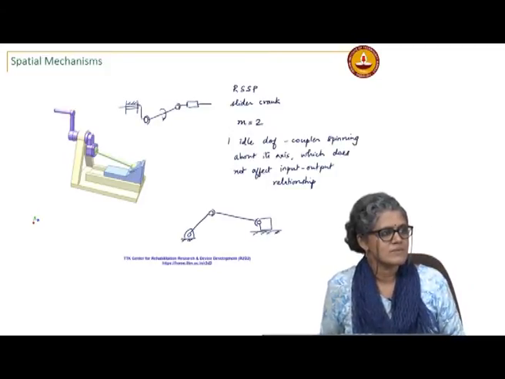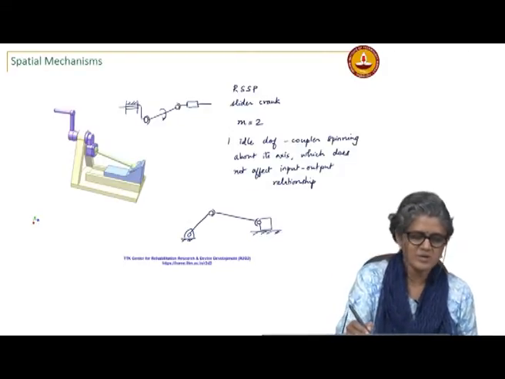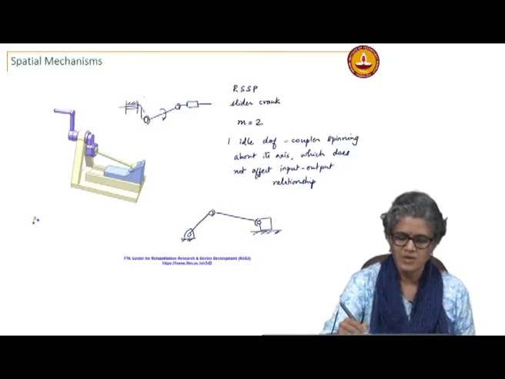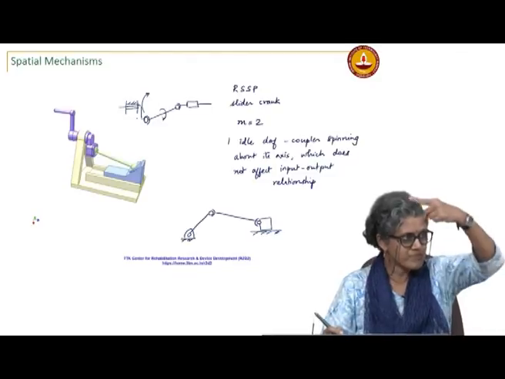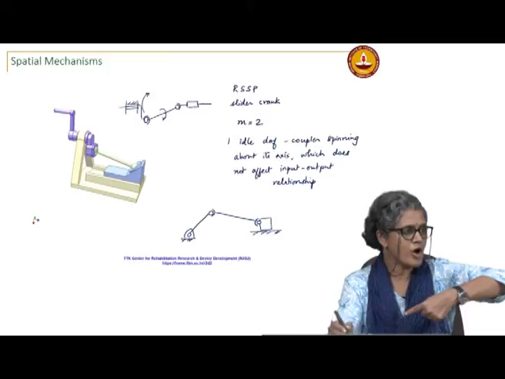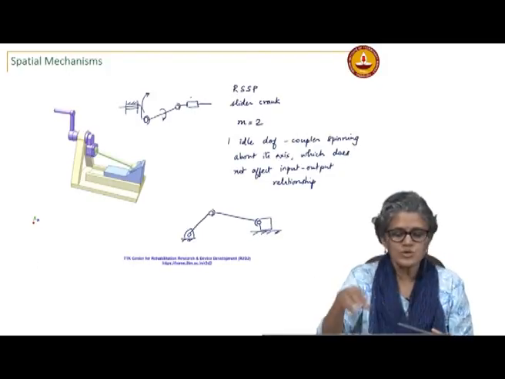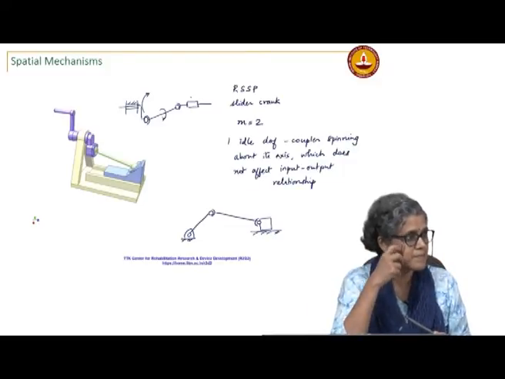He is still talking about a planar thing. See here, when I rotate this crank, this is going to move on a cone, so this block will not move. So his question was, if it does not move, does the mobility equation still apply for this case?